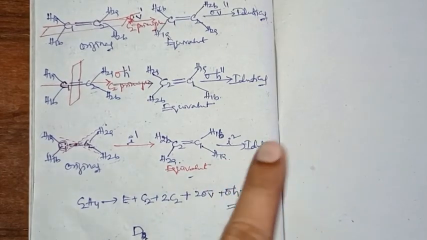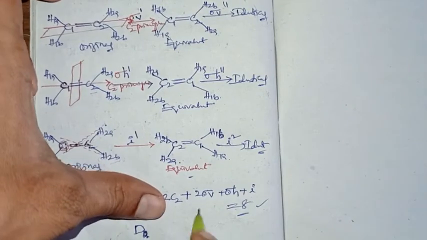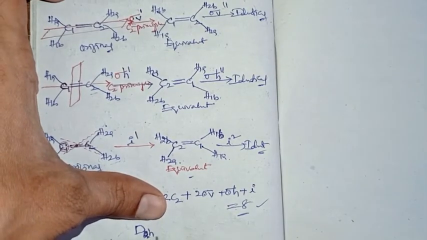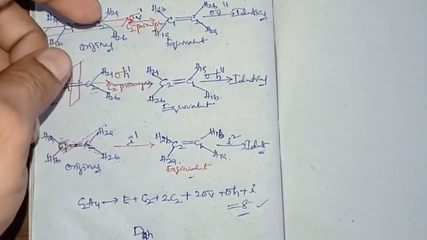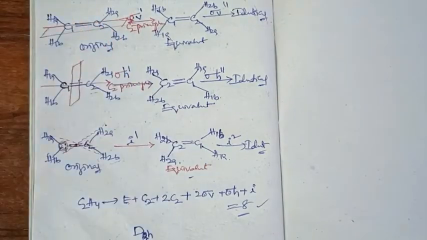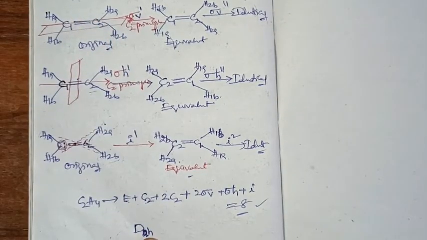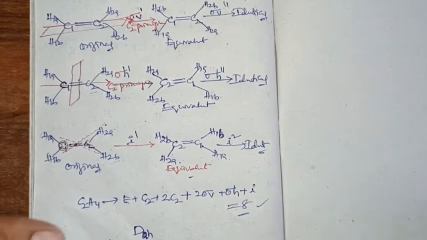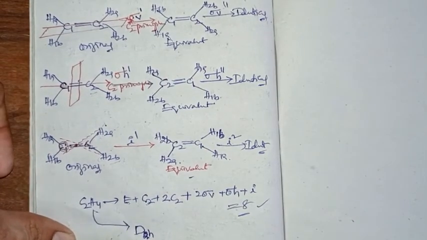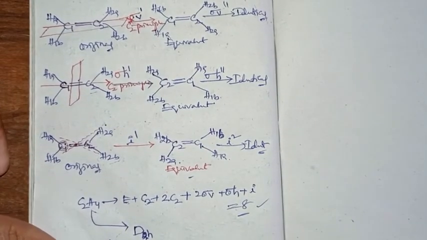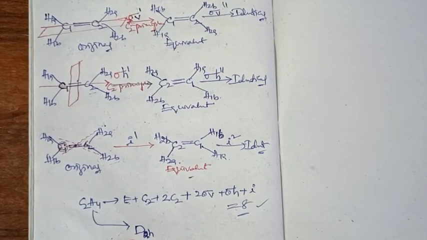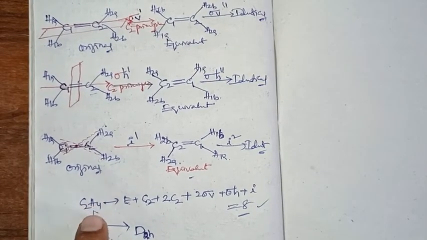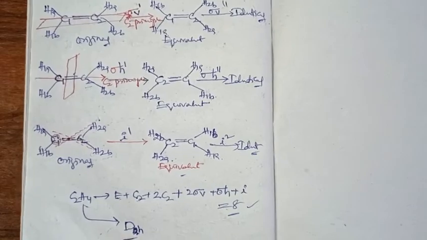In this case horizontal is the preferable symbol we have to take. So here it is considered as h. So altogether the point group of C2H4 ethylene is D2h, right?